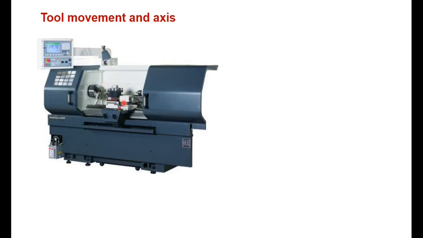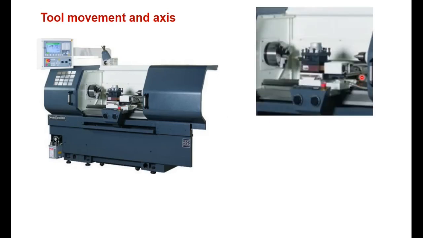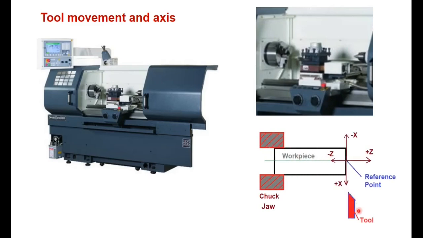In this case also 4 tools are there, one at each corner, and it will rotate to change the tool. Here the workpiece is here but the tool is below. So the Z axis representation remains the same, towards the tailstock plus Z, towards the chuck side minus Z, but only for the tool it will change. Near to the tool plus X, away from the tool minus X.